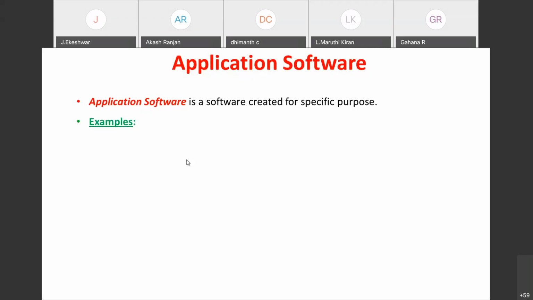Say, for example, word processing softwares. You can consider Microsoft Word. Then spreadsheet software, Microsoft Excel, you can consider as an example.